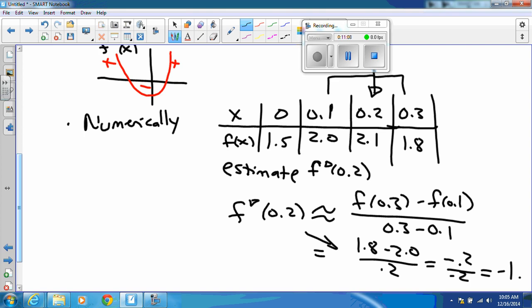But honestly, usually we don't need to simplify. And so that's a numeric computation of the derivative. If I wanted just from the left or just from the right, then I would take just the x value to the left or just the x value to the right.